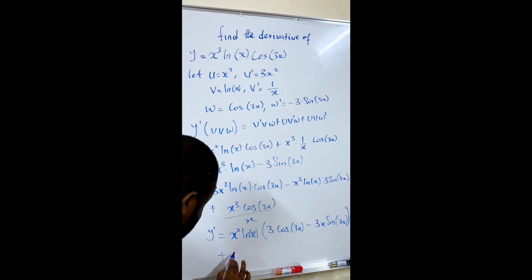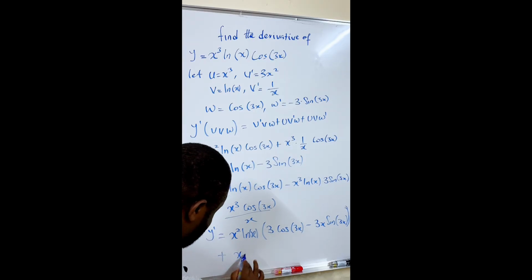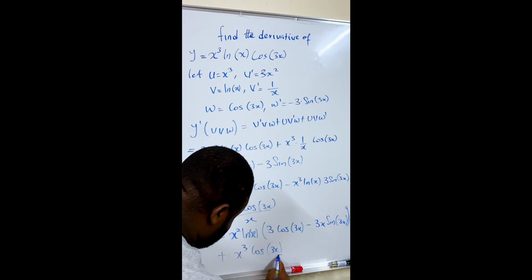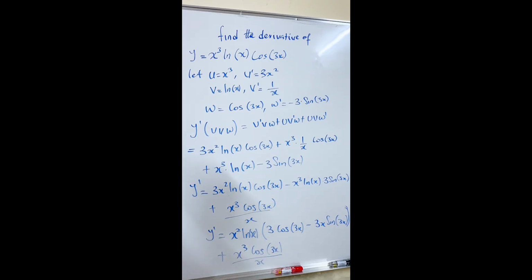Then plus, of course, this, which is x cubed cos 3x over x. I hope you can see it. And that is the derivative of this function.